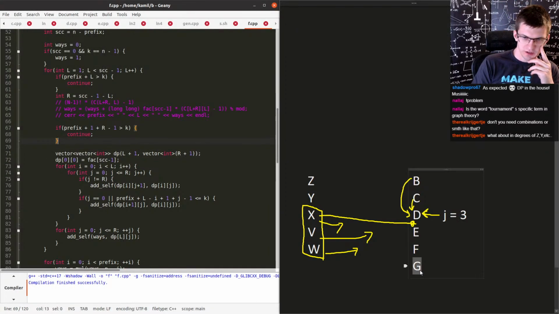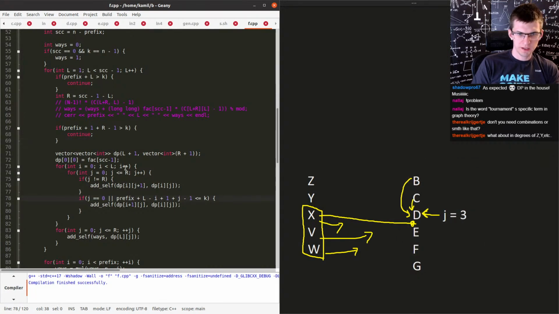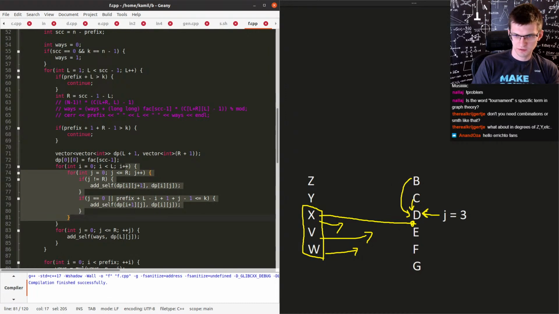G, what are the in edges? Everything from prefix, the middle guy, and everything above me. Cool. Maybe here we will hit G as well. If something points to just below G, then it means that green contains G. But maybe not. Okay.